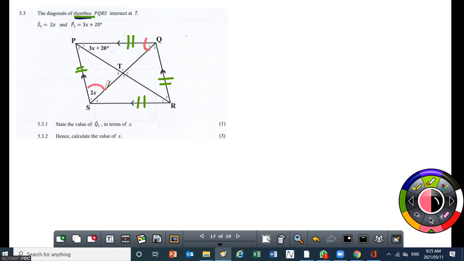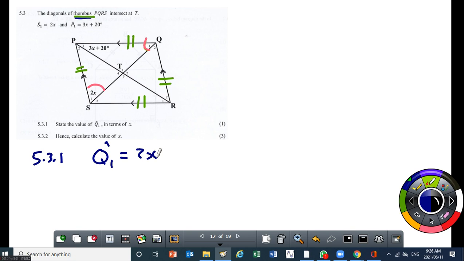So I'm going to write it this way. Well, it's just one mark. So 5.3.1, I'll say angle Q1 is equal to 2x.